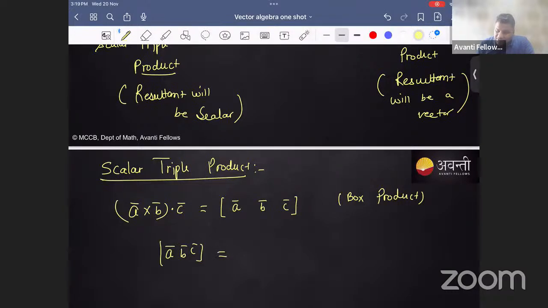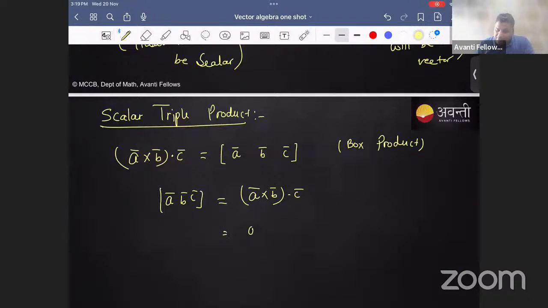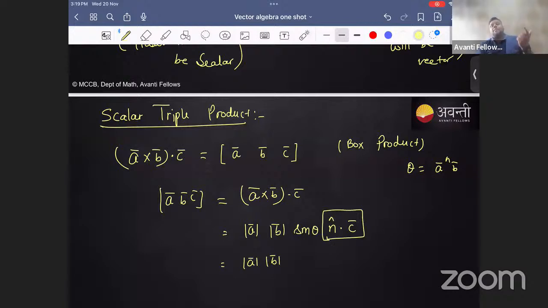Now, what is this box ABC? Box ABC is A cross B dot C. Now, A cross B is magnitude of A, magnitude of B sine theta, where theta is the angle between A and B, into vector N dot vector C. Am I clear? So it is magnitude A, magnitude B. Now see, further you take this dot product. N is already perpendicular to A and B. And now let us assume phi is the angle between vector C and n cap.